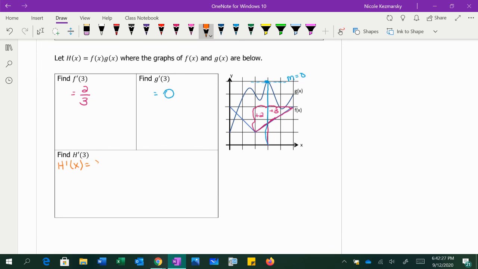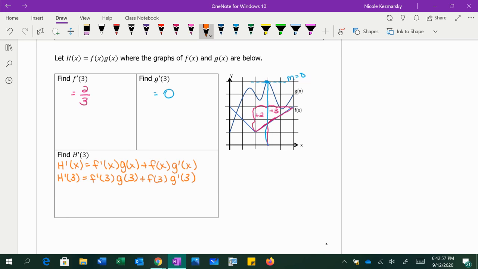But this is going to be f prime of x, g of x, plus f of x, g prime of x. So then h prime of 3 is f prime of 3, g of 3, plus f of 3, g prime of 3.